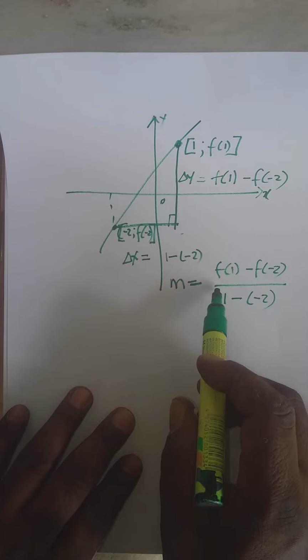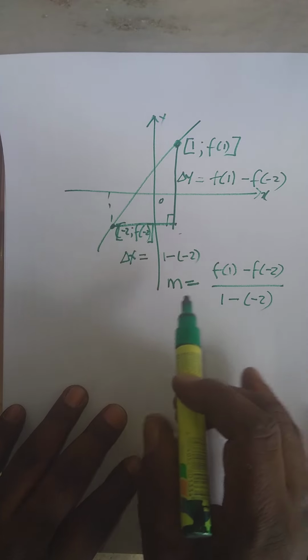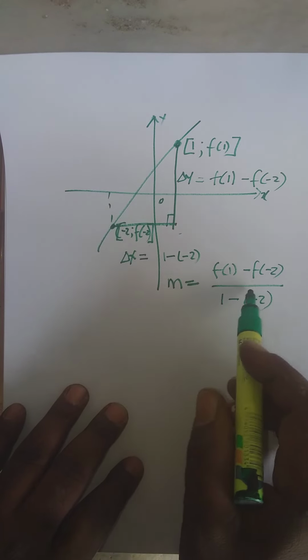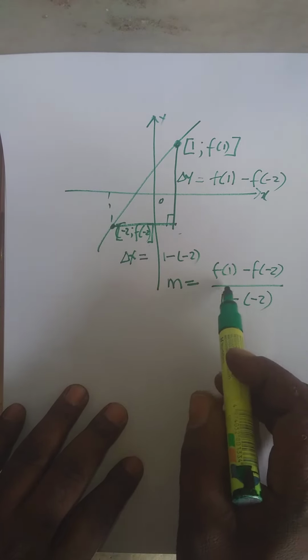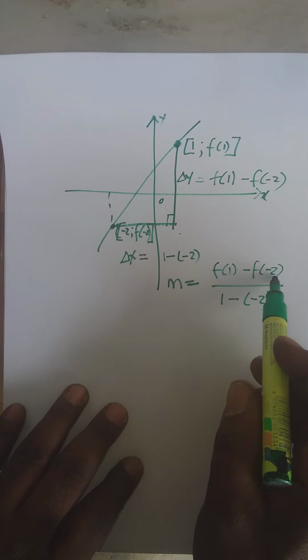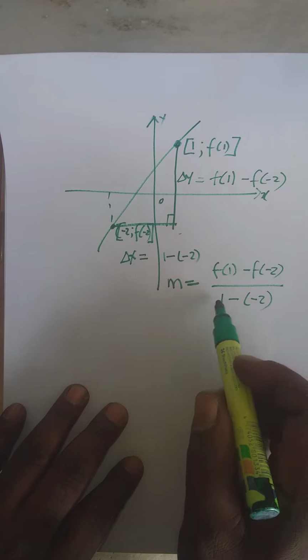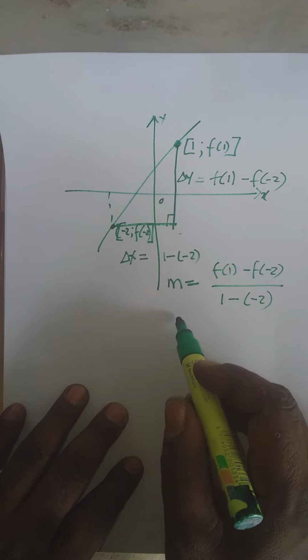You remember when we talked about average gradient at grade 11, we calculated the average gradient this way: f at something minus f at something divided by something minus something.